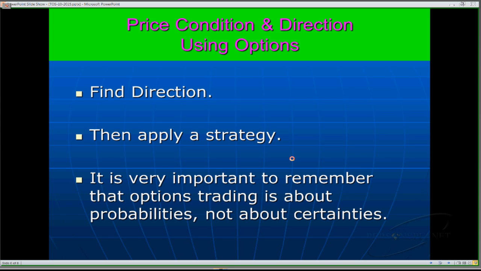So these are the things that we like to look at. I think it's important that we look at price condition and direction. And when you're trading options, I always have learned, and we talked about charting options pricing, something that we did way back in the day at First Options: find direction and then apply the strategy.